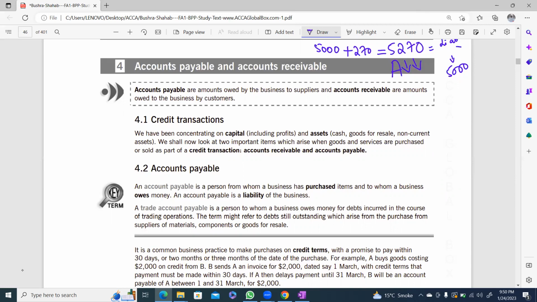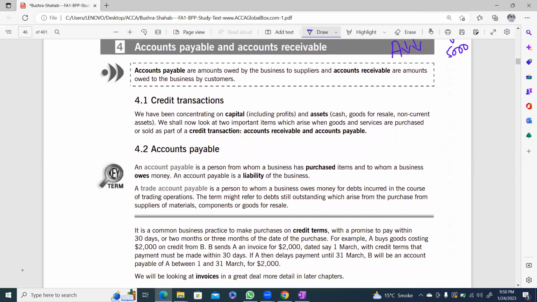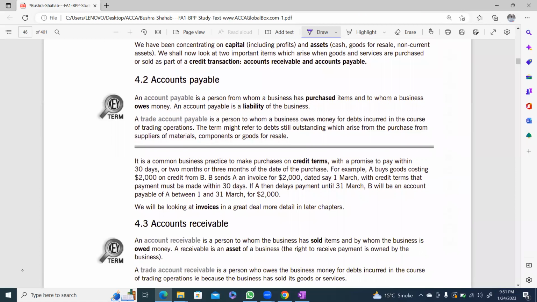Account payable and receivable. I told you that we have two types of accounts, and these accounts are only opened on credit transactions, because if you are doing cash transactions, you won't need to receive the money from the customer. Account payable is basically our supplier from whom we have purchased the goods on credit and we need to pay him.